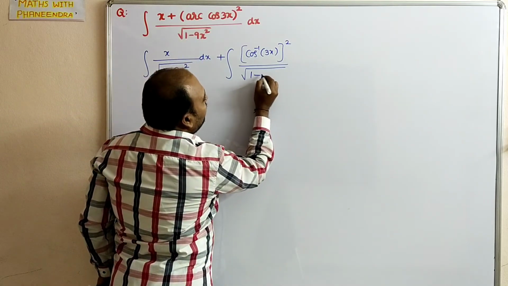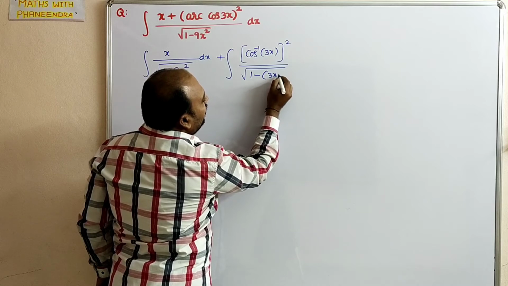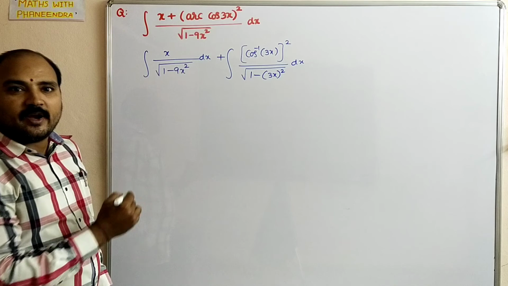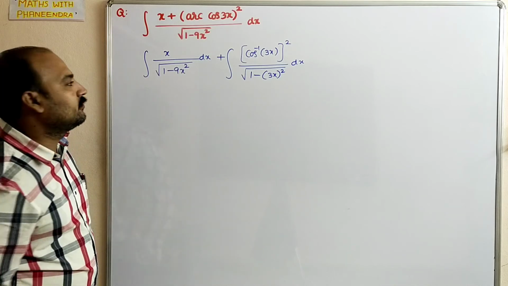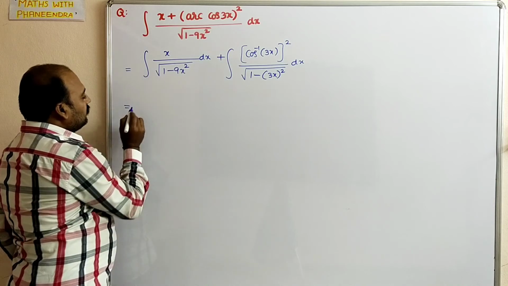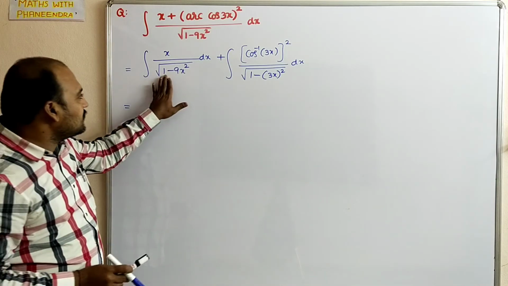That can be written as 1 minus 9x square can be written as 3x whole square. Can we write like this? Is it possible to write or not? We can write it.